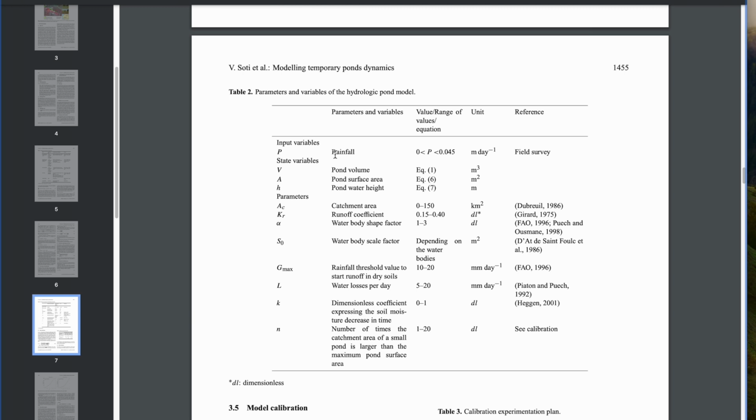So it has rainfall, as we know, but then there are other parameters like the catchment area, and the runoff coefficient that determines how quickly your water is flowing, and several other values that go into it. I highly recommend you read this paper. It goes into detail on how this modeling works for very small ponds and some of the limitations associated with it.